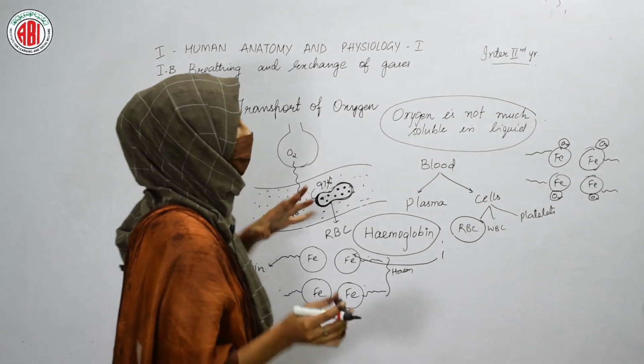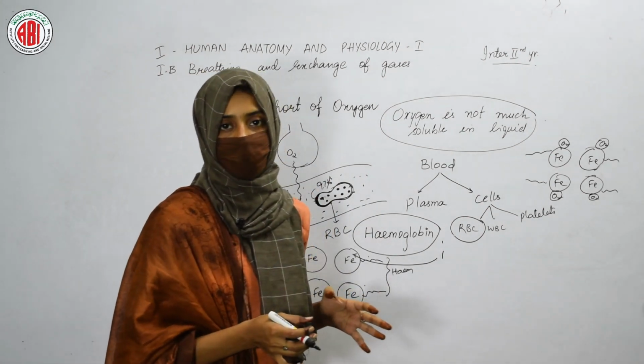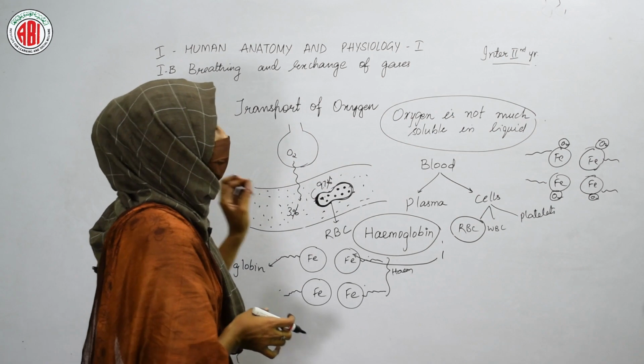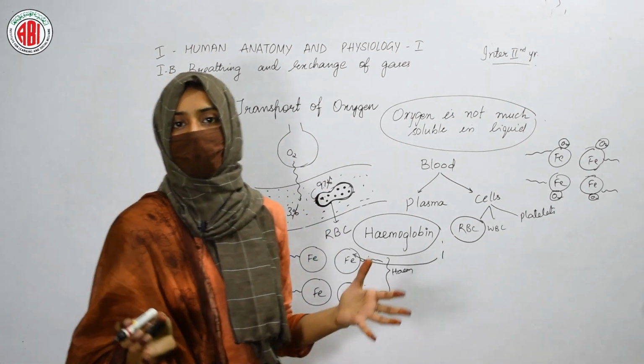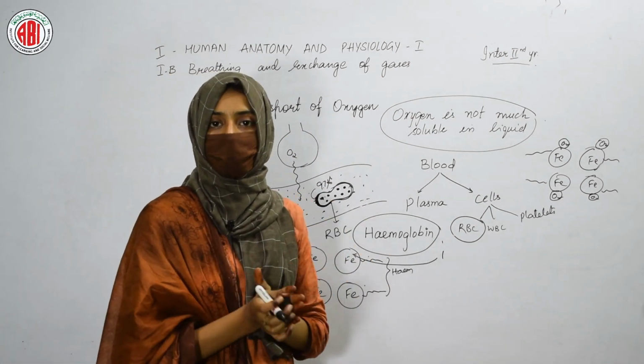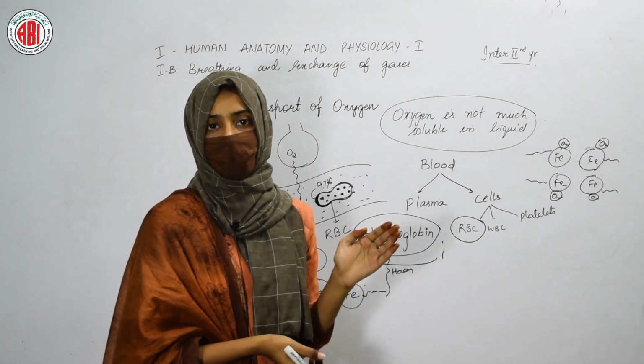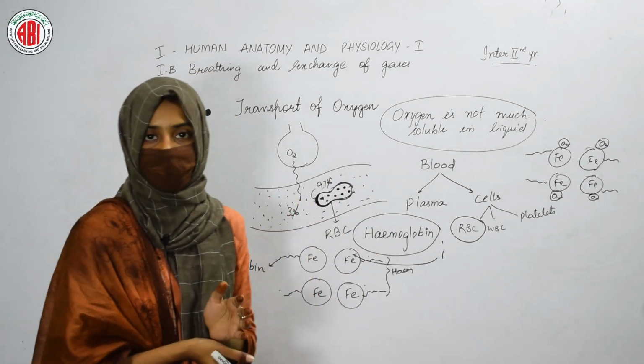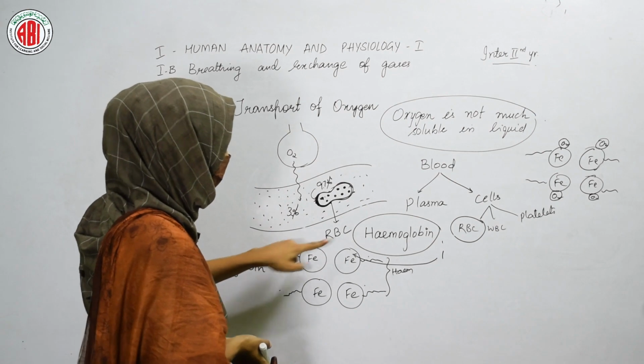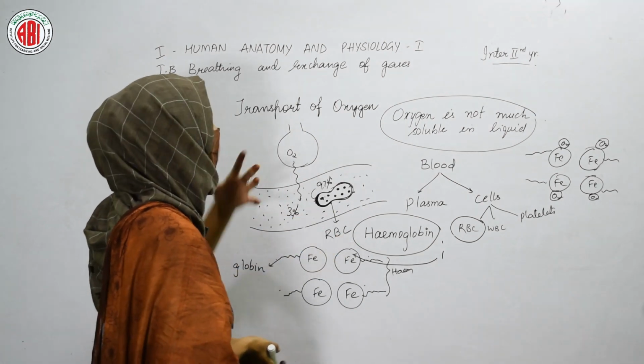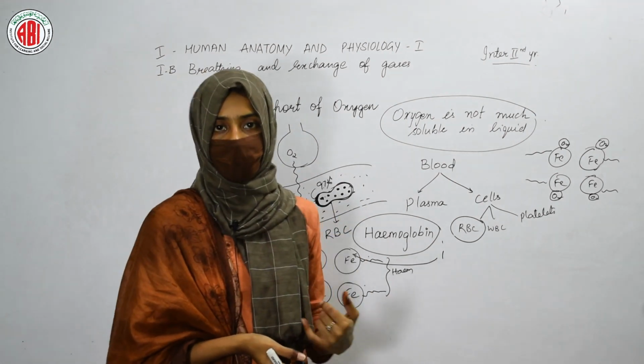This is how the binding of oxygen to the hemoglobin takes place. After the alveoli transport the oxygen into the blood capillaries, it is going to bind to the hemoglobin, and hemoglobin carries the oxygen in the blood.